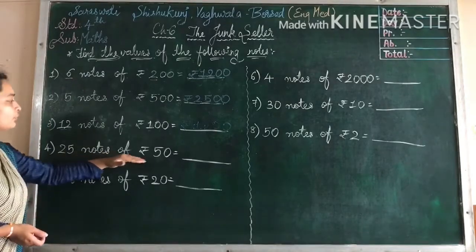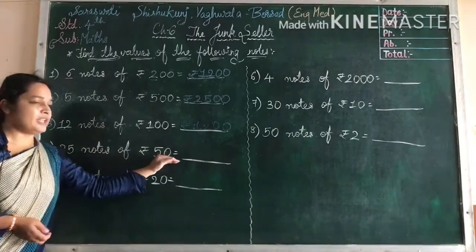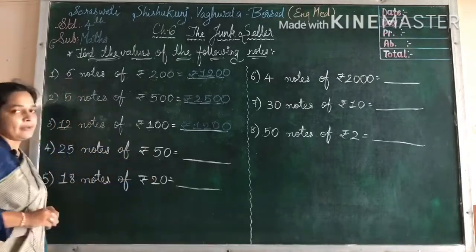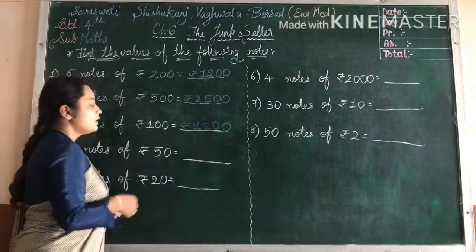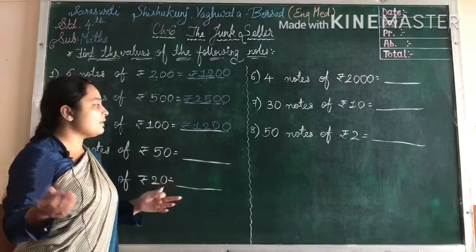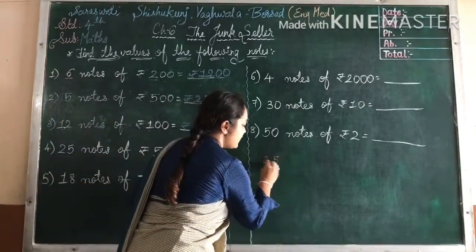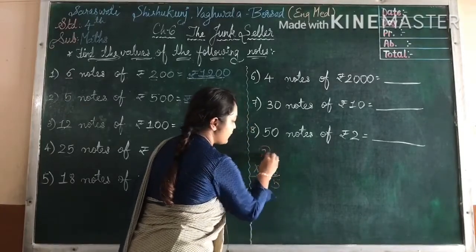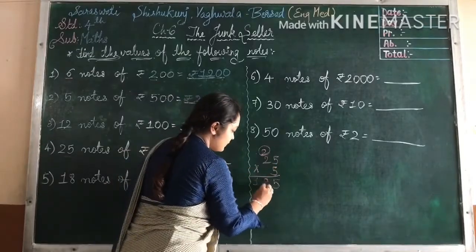The fourth question is 25 notes of rupees 50. We need to multiply 25 with 5. You should know that 25 5s are, but if you don't know, then you can do the sum like this. 5 5s are 25, 2 carry goes here. 2 5s are 10 plus 2, 12.